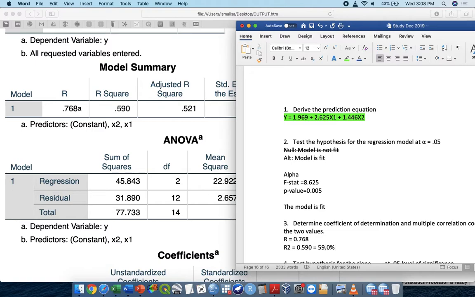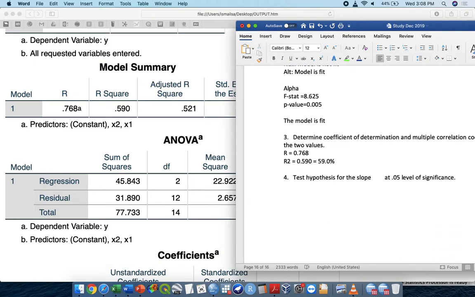For me, this is fairly justified: x1 and x2 combined can explain 59% of the variance in predicting this particular y. I'm not saying it's good, but it fairly explains y, because there are so many uncertainties behind this particular example.